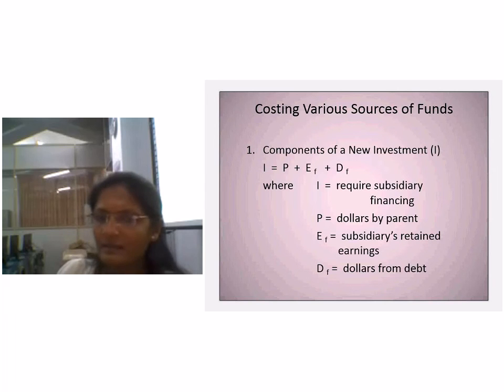If they get the expected return from that investment, we can consider that as the same cost of capital as the parent company. If it is different, we can't consider that as the parent company's cost of capital.